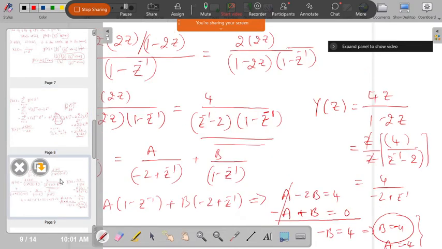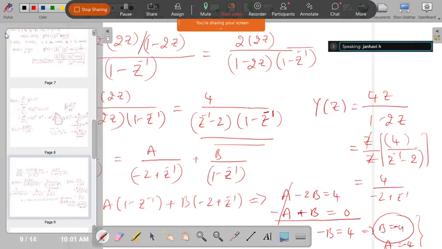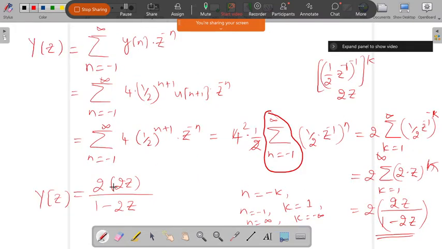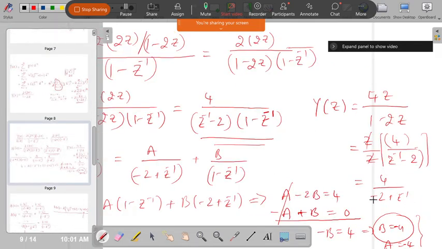This is page 9. Whatever next, y of z divided by x of z. Here x of z will be 1 divided by 1 minus z inverse. So y of z we are taking 2, and multiplying and dividing by z we get this one.